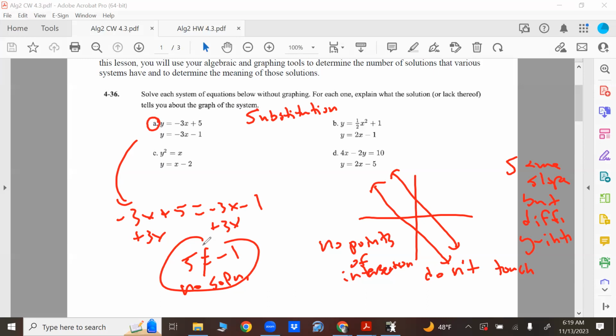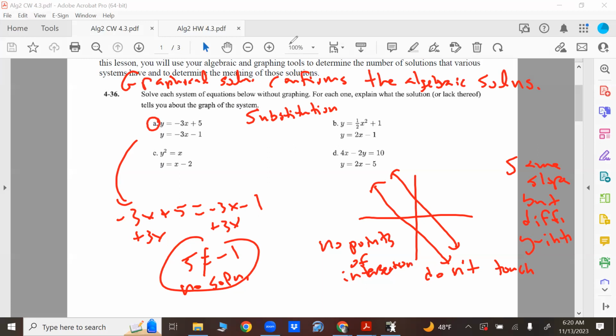So let me write that down: the graphical solution confirms the algebraic solution. Sadly, a lot of algebra classes don't do the graphical solution, which I think is very unfortunate, because you really need to see that to understand the algebraic solution.